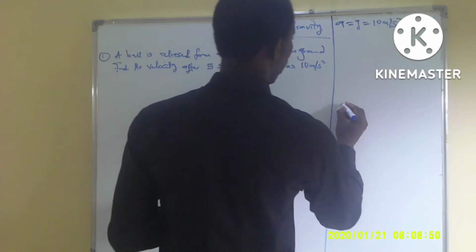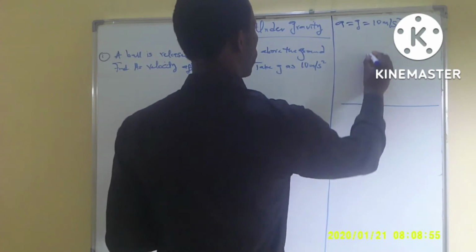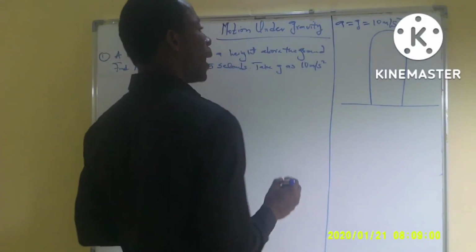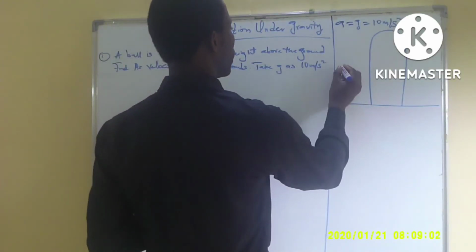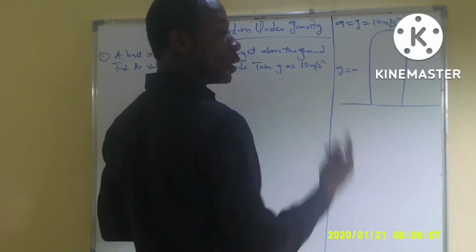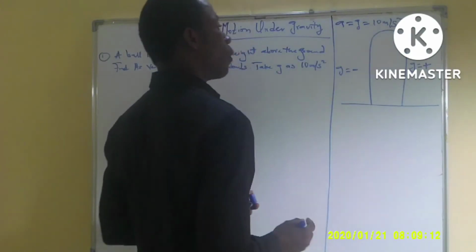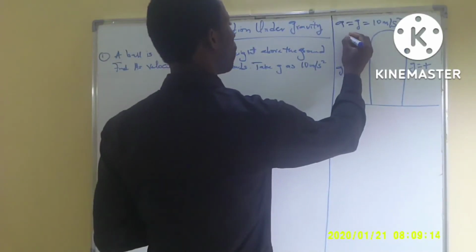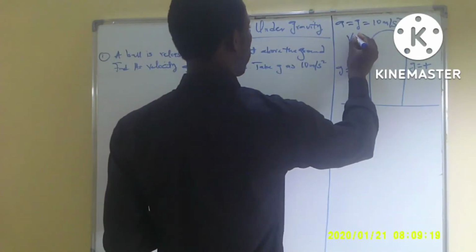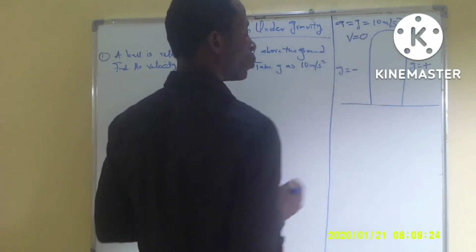Now let's assume I have the earth surface, and I throw my ball upward. It goes up and then it comes back to the ground. When the ball is going upward, the acceleration due to gravity is negative. And when it's coming downward, the acceleration due to gravity is positive. When it gets to this height, the final velocity is 0.